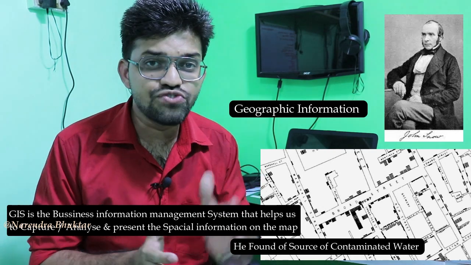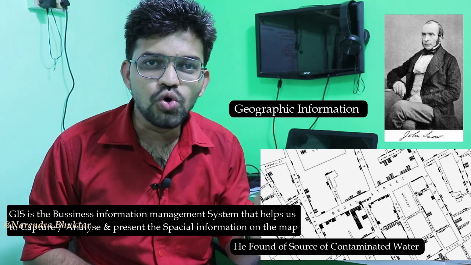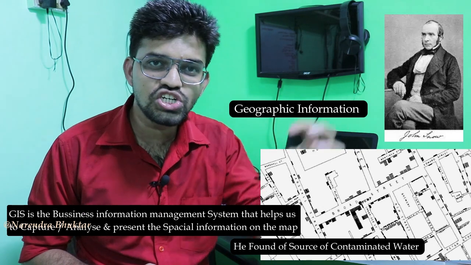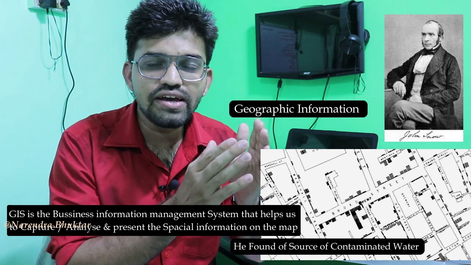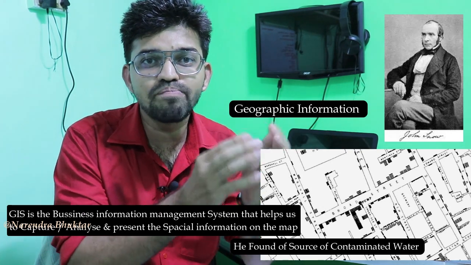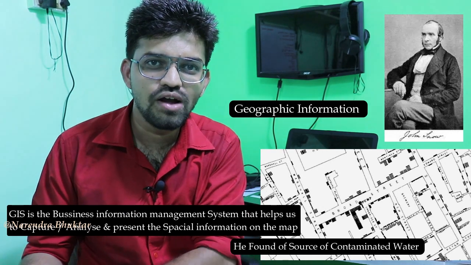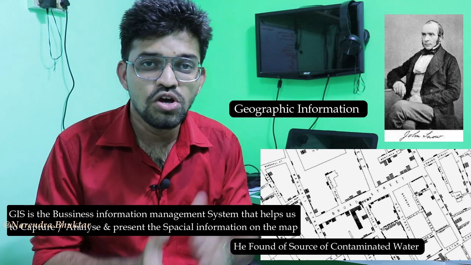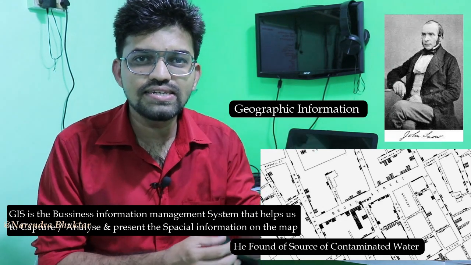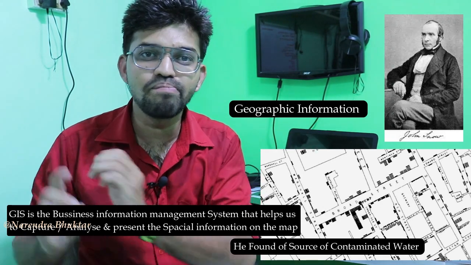So we can say John Snow used the GIS system. He has taken some better decisions based upon geography.